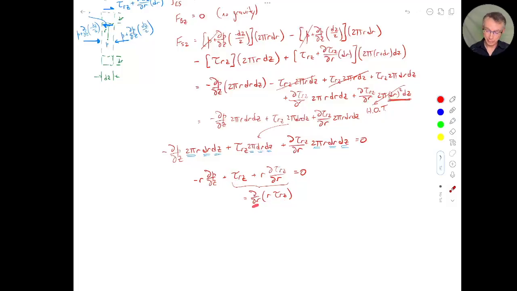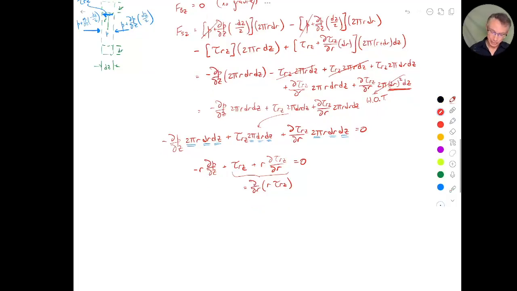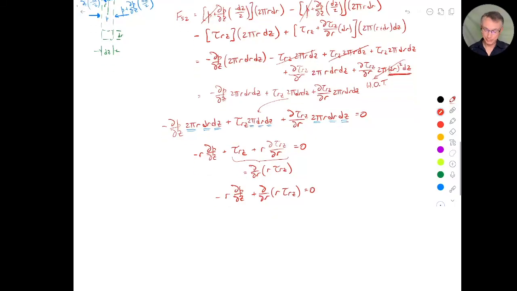And then if I carry the derivative through on the tau term, then I get that times r, which is there. So again, we can write this a little more compactly like this. Okay. We're making good progress. May not look like it, but we are.